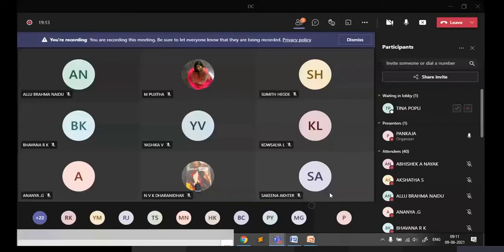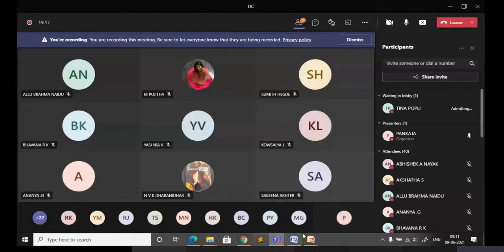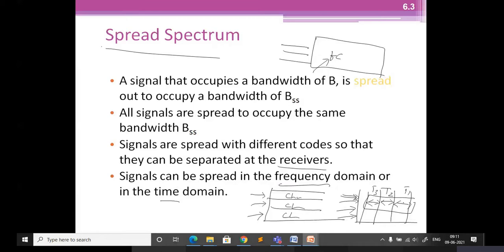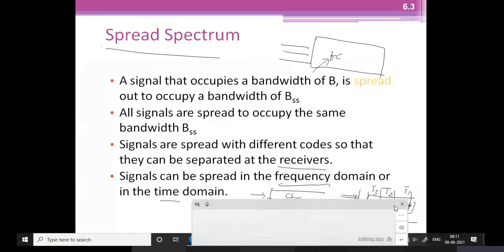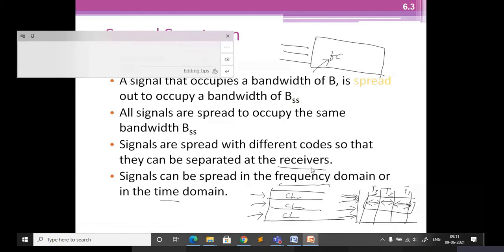During that time it can utilize the full capacity of the link, so the full capacity can be used by the device assigned to that time slot. That is the main difference between frequency domain and time domain.